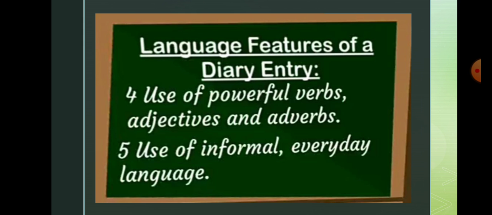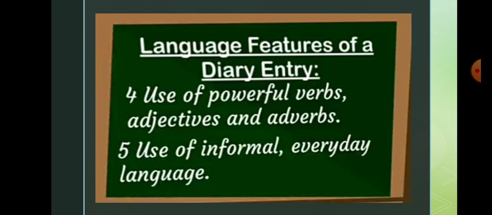Use different adjectives for describing your own feelings. Use of informal everyday language. You have to use everyday language, in simple form, then only everyone can understand it, isn't it? No need to use hi-fi words, you need not refer to a dictionary to get different words.